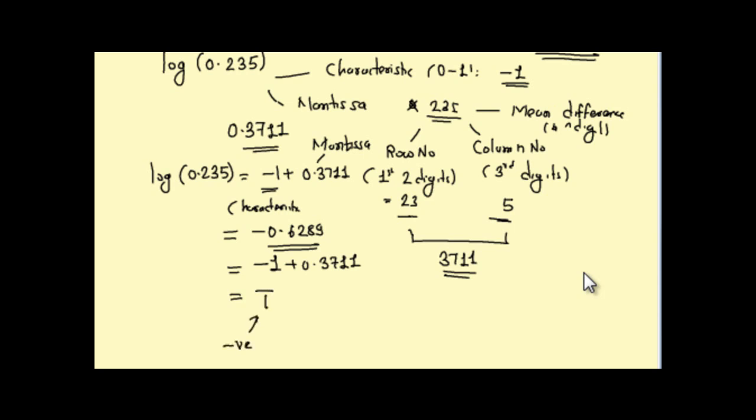Bar indicates negative, and 0.3711 is a positive value. In this format you have to write this value. So log of 0.235 is given by bar 1.3711. You have to remember that bar 1 means it is -1 and 0.3711 is plus 0.3711.